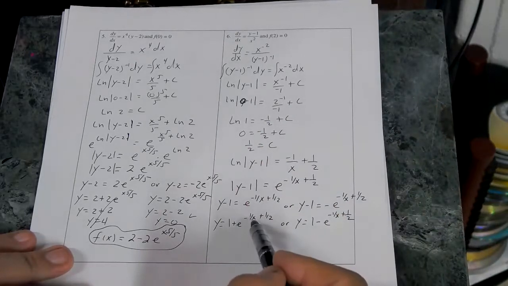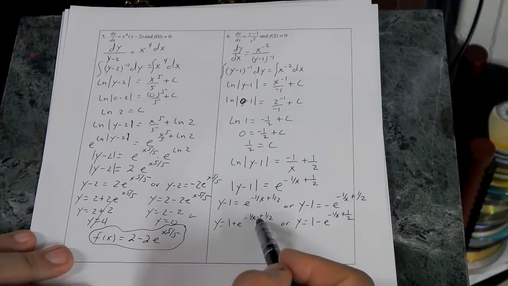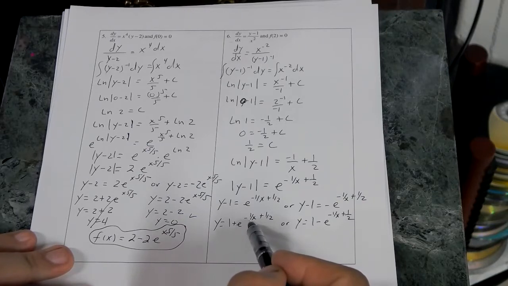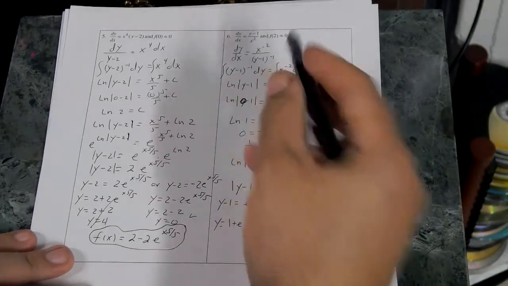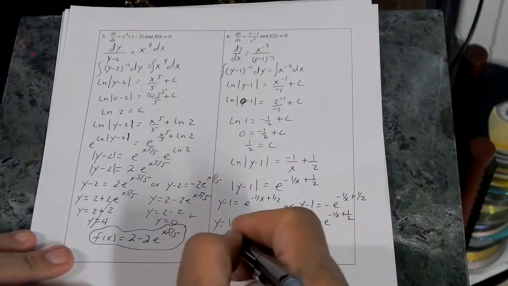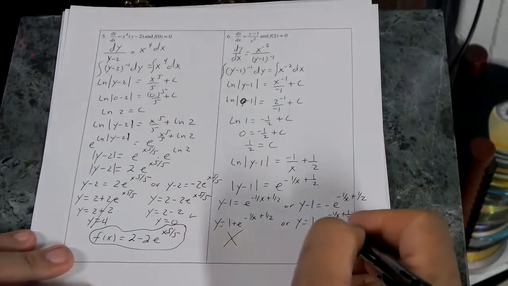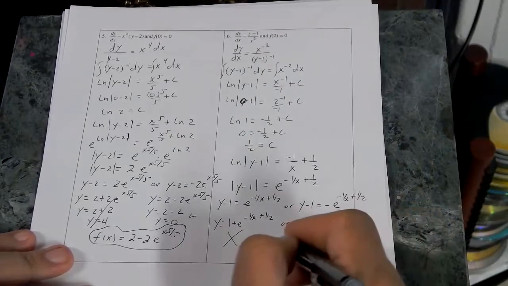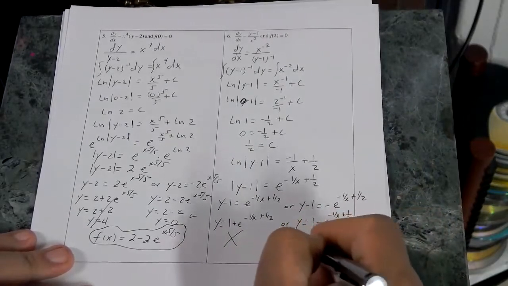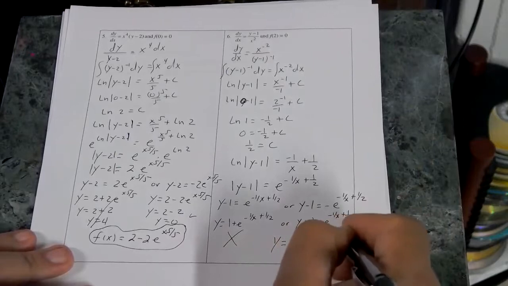So if I plug in x to be 2, I get e to the 0, which is 1. 1 plus 1 is 2, so that does not give me the 0. So that doesn't work. Here, I get 1 minus 1, so this is my equation right here.